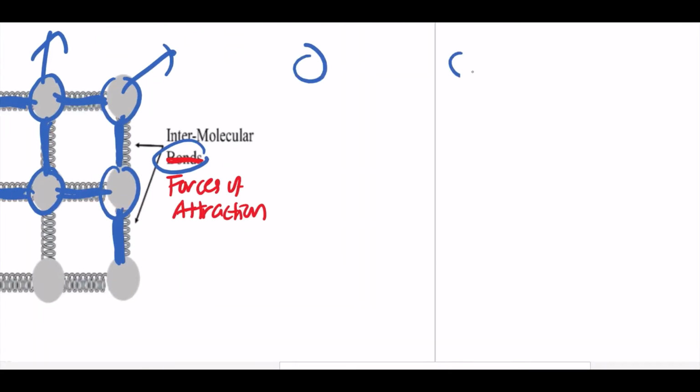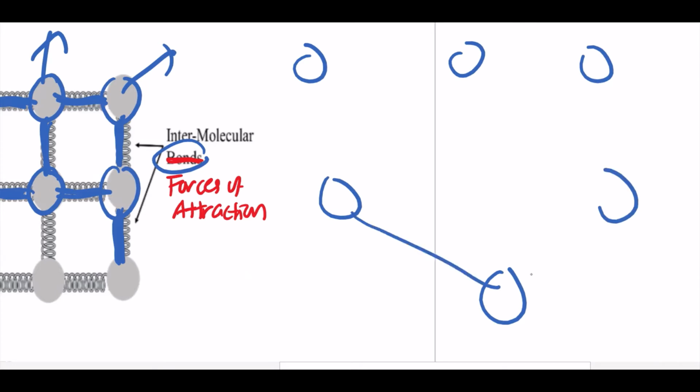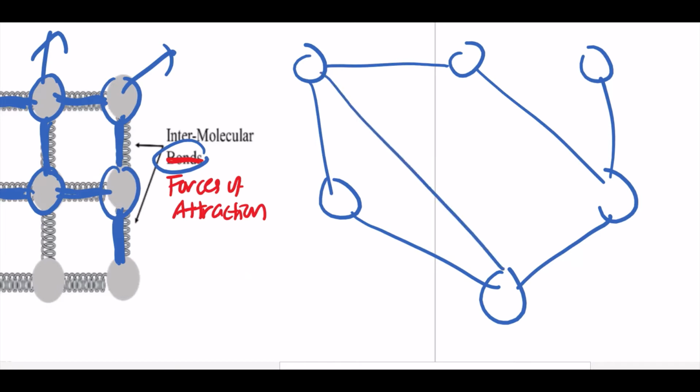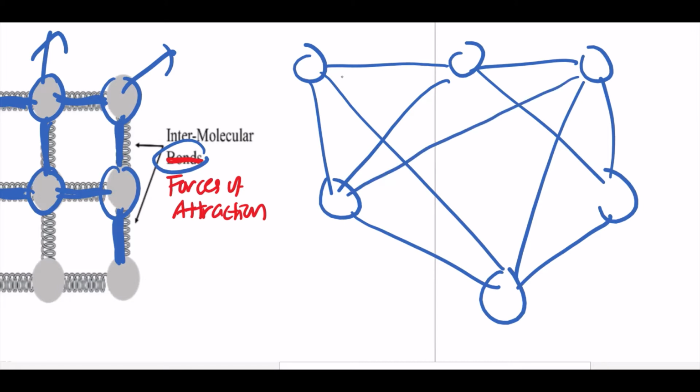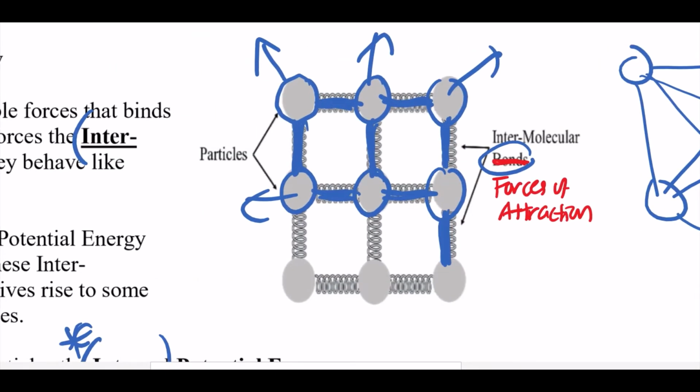So if I were to draw the particles further apart from each other randomly, you can see that the length of these forces of attraction gets longer. Each particle is bonded to the others by all these forces of attraction, so you can see that it gets stretched. Just like rubber bands being stretched, there's more elastic potential energy.